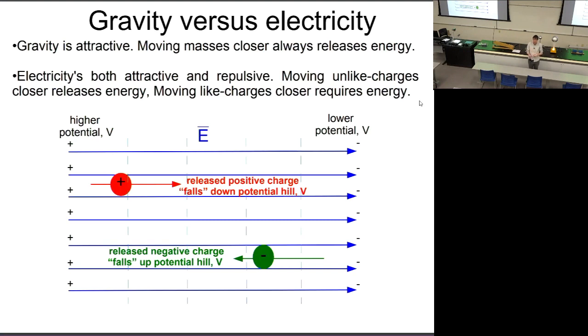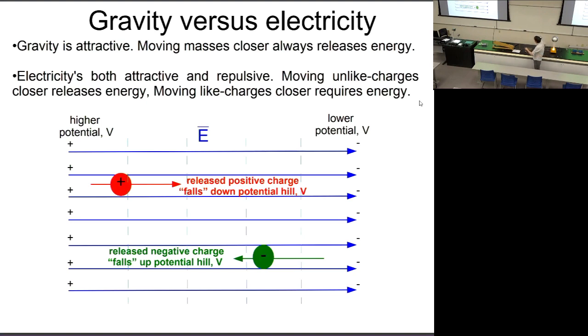Just like a 5 nanocoulomb and minus 3 nanocoulomb charges. But like charges repel one another. So to push two like charges together, you've got to add energy. You've got to do work to move those charges together, fighting against their repulsion. So that's a big difference.